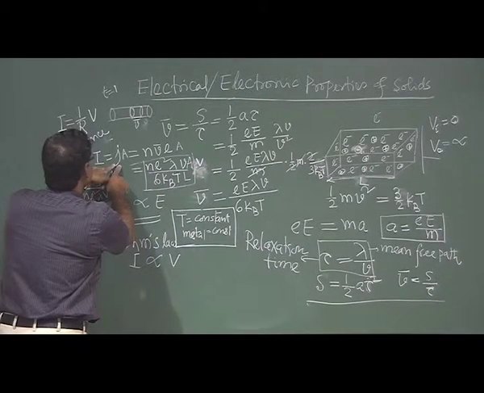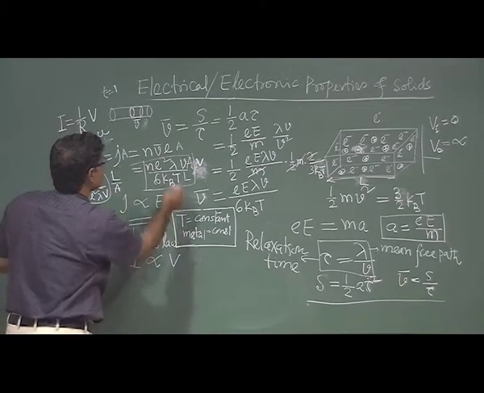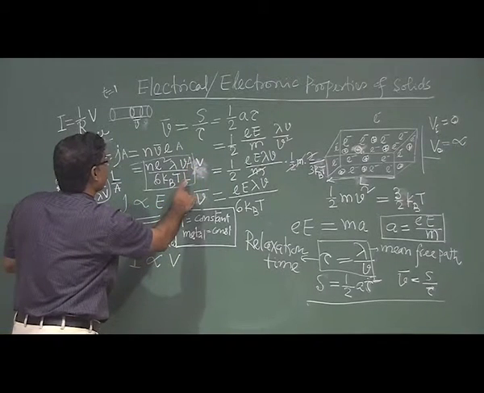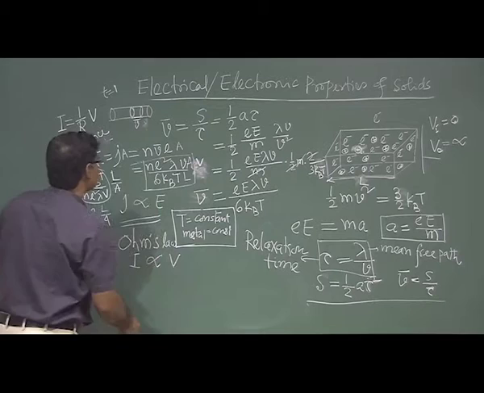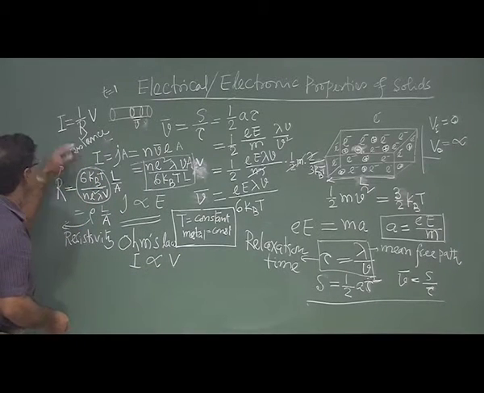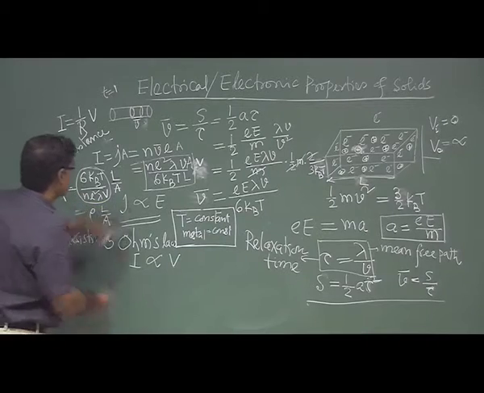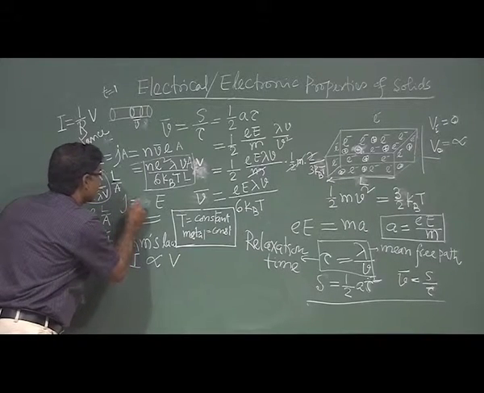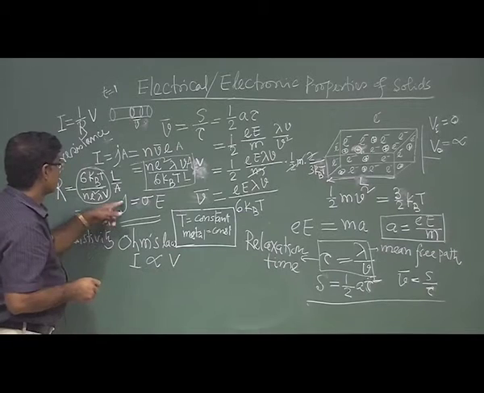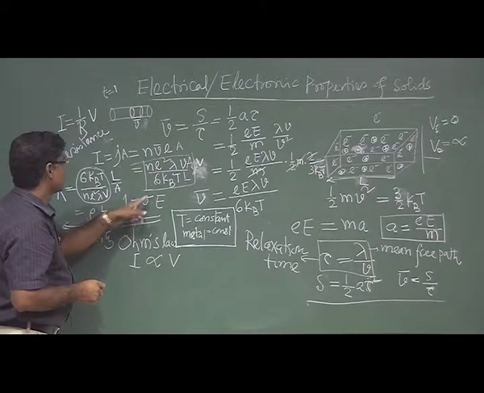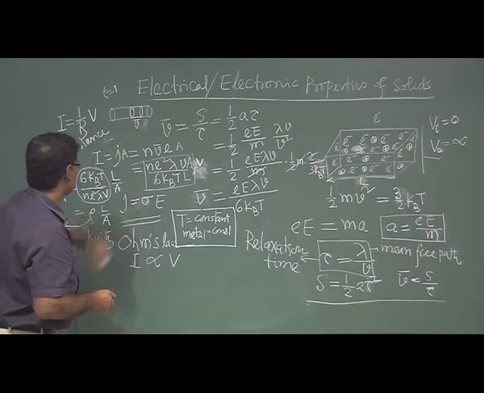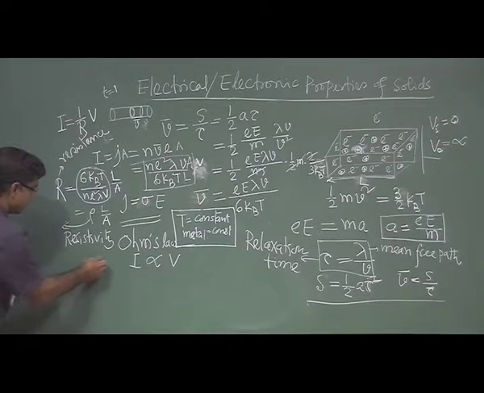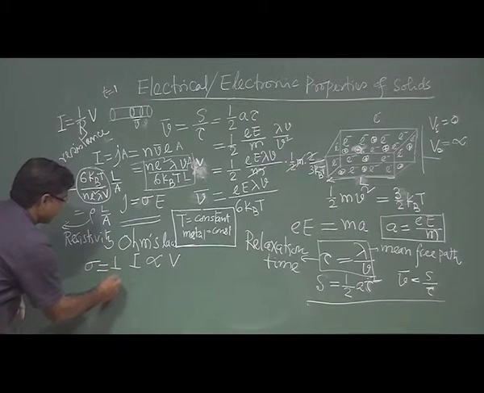When I consider the J, if you just leave this A and L, whatever term will be there. Here I have taken inverse 1 by R, but if I do not take inverse, then J equal to sigma E, where sigma is called conductivity and it will be just 1 by rho.